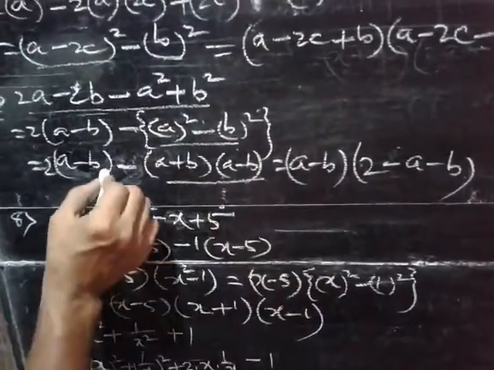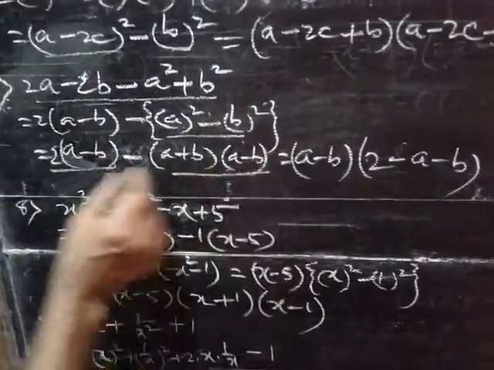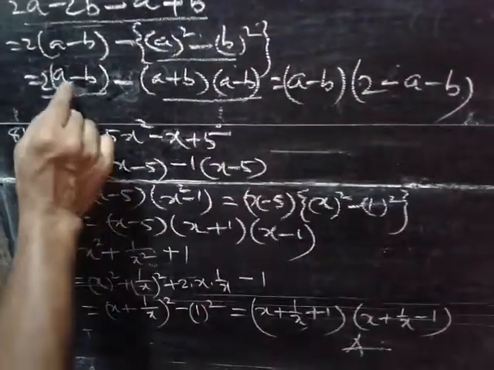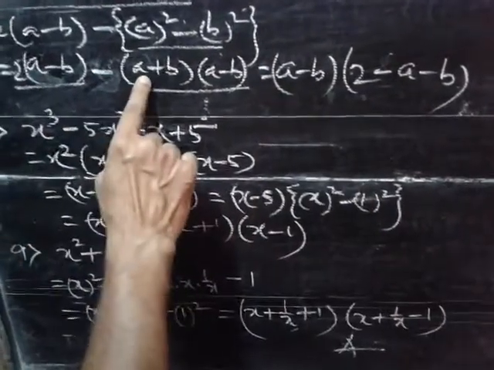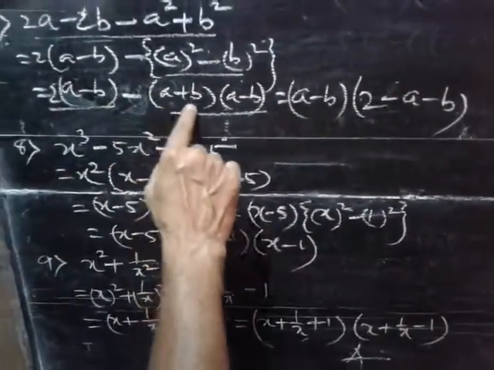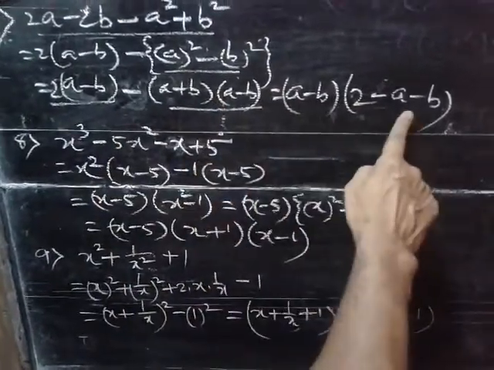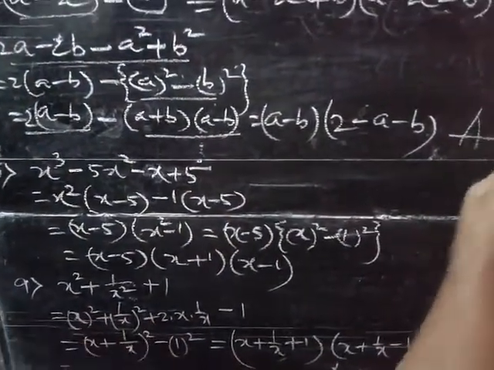So a minus b is a common factor. Take it common, and what remains is 2 minus a plus b. So it is a minus b into 2 minus a minus b, and this is your answer.